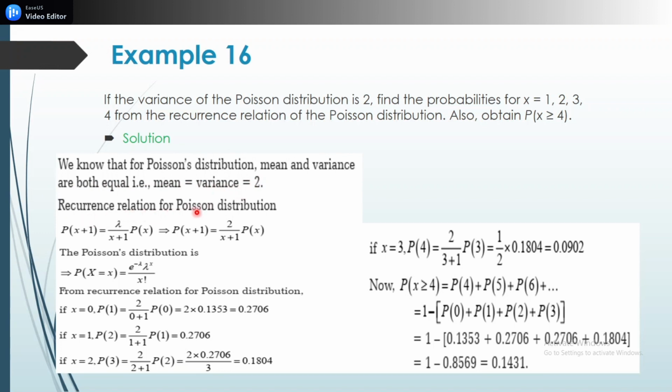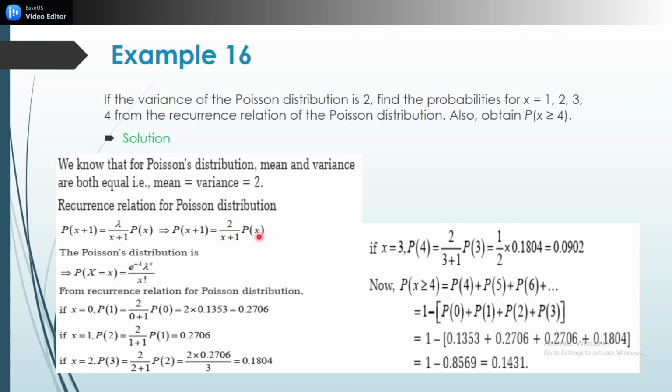The recurrence relationship of the Poisson distribution, as you have seen above, is that the probability of x plus 1 is equal to lambda over x plus 1 times the probability of x. When we substitute lambda equal to 2, we get p of x plus 1 equal to 2 over x plus 1 times p of x.